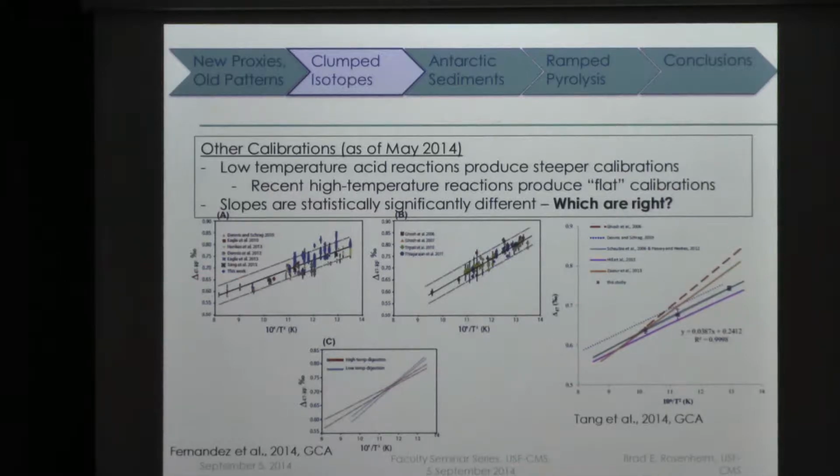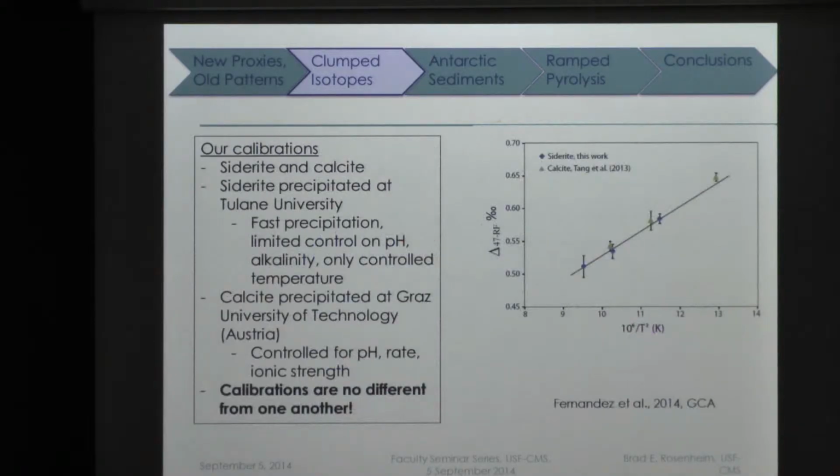And then my postdoc and lab tech, Jin Tang, published a paper where he pointed out that the flatter slopes were actually closer to what theory would predict. So this is kind of an interesting view, but you can see that at this point we kind of feel like party crashers, and that we're bringing the proxy down the roller coaster a little bit.